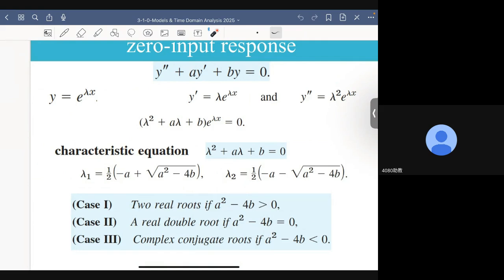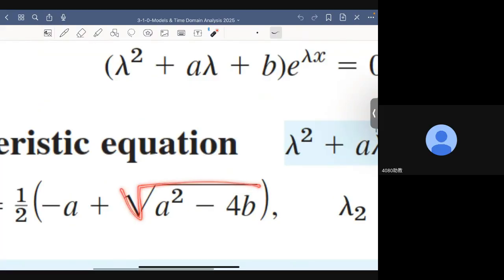Otherwise, for example, if a squared is equal to 4b, then what we have is a pair of roots with identical values, or a real double root, okay? In the third case, a squared minus 4b is smaller than 0, and then what we have inside the square root is a negative number.